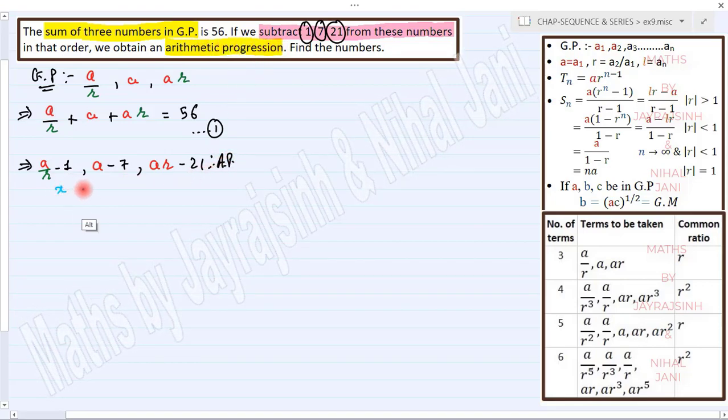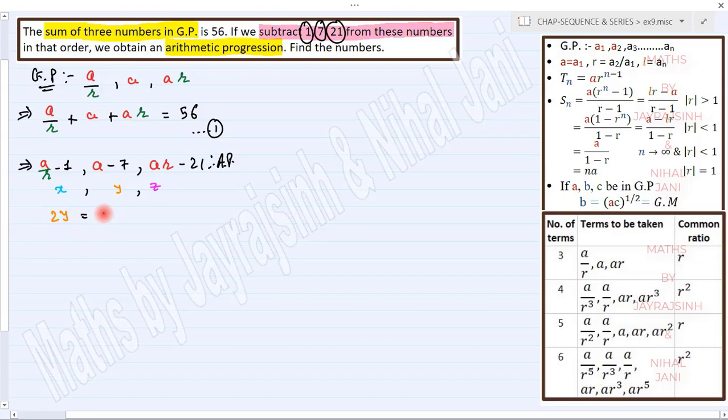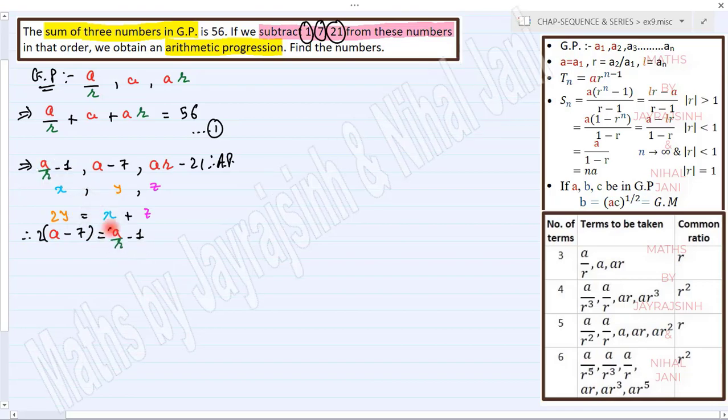Now if x, y, z are in AP, then we can say 2y must be equal to x plus z, where your y is a minus 7, then x is a by r minus 1, plus your last term is ar minus 21. Now let's open the bracket.